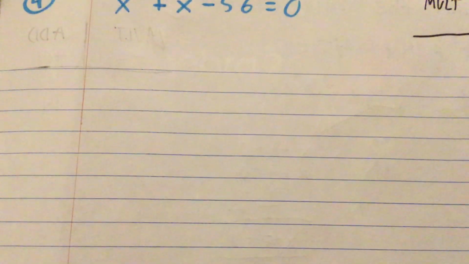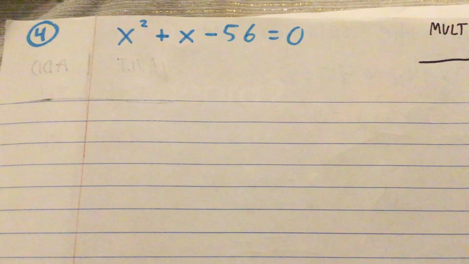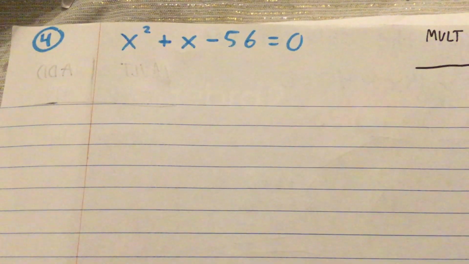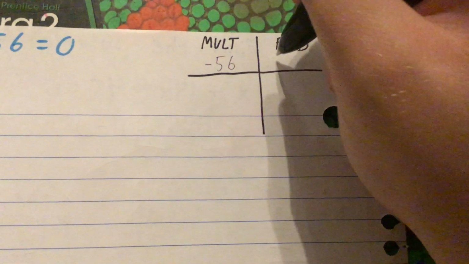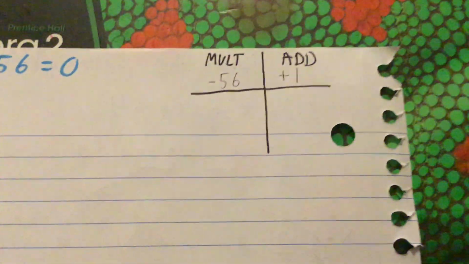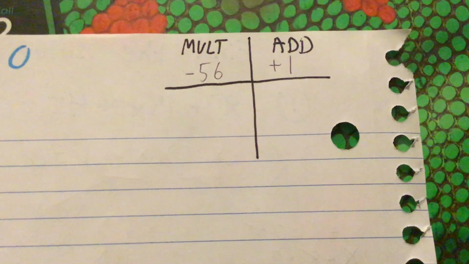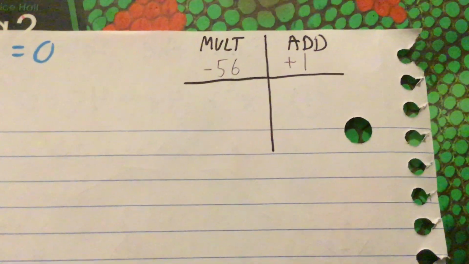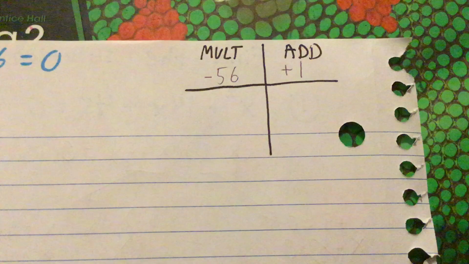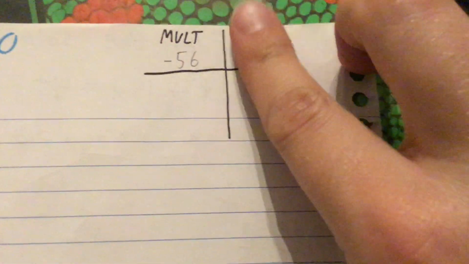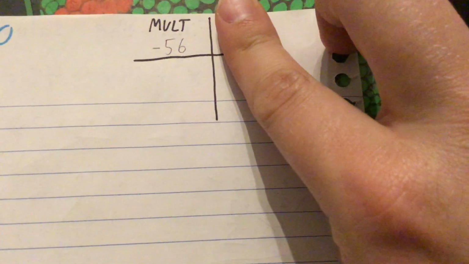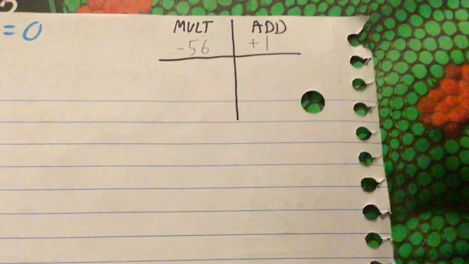All right, x squared plus x minus 56 is equal to 0. I'm looking for two numbers that multiply to negative 56 and add to positive 1. So it needs to be a positive times a negative to multiply to negative 56.